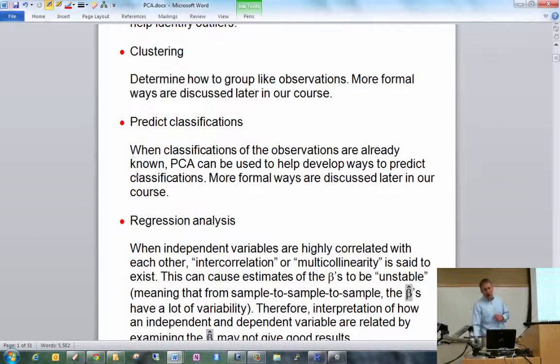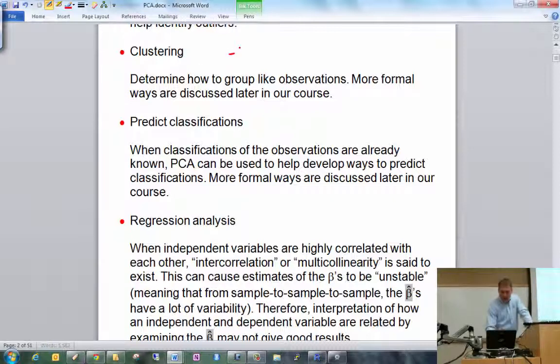Principal component analysis can also be used to help with clustering. What that basically means, and we'll actually have a whole subsection on this later in the course, is that you would like to be able to find observations that are very similar to one another and group them, or what's referred to more as cluster them together. So for example, let's say that we could work with just one principal component, y, and let's say that y ranged from -5 to +5.